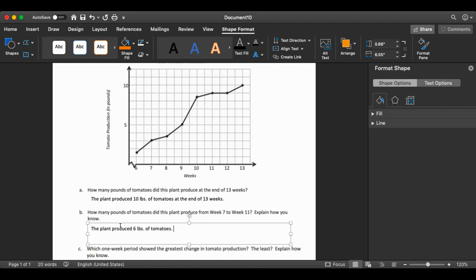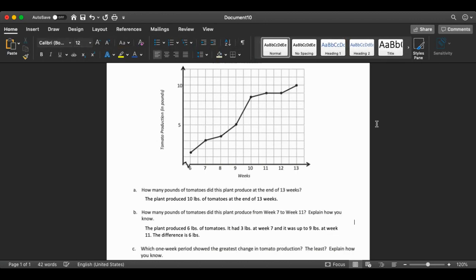And so then it also asks you to explain. So it had 3 pounds at week 7, and it was up to 9 pounds at week 11. All right, that one's pretty easy too.